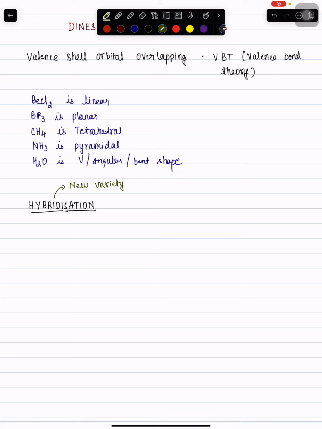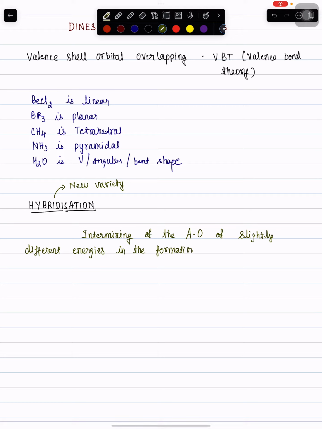According to the definition from NCERT, hybridization is the intermixing of atomic orbitals of slightly different energies in the formation of a new set of molecular orbitals of equivalent energy, shape and size.